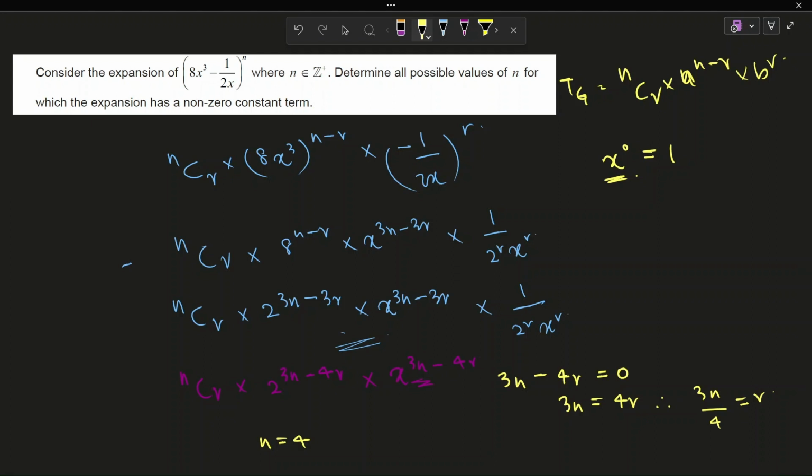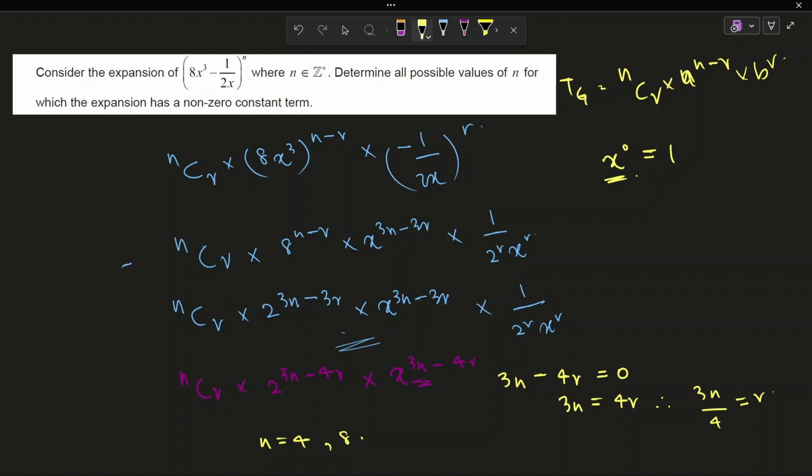Can n be 5? No, it's not dividing properly. 6? No, again no. 7? No. 8? Yes. Well, it can be 8 as well. So, if you're noticing a pattern, the next one's going to be 16, 32 and 64 and so on, and it's all multiples of 4.